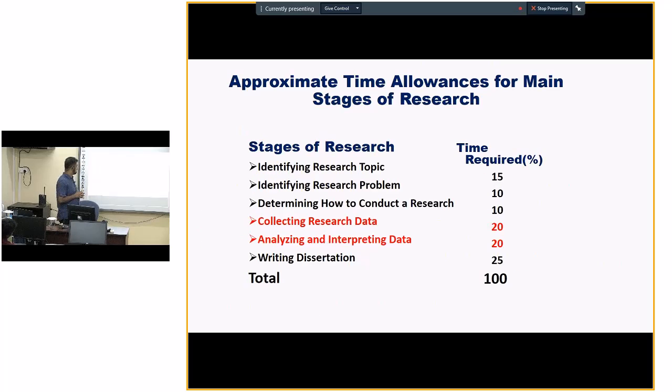Then this is the approximate time allocation for research. Now you already completed the main things: identify the research topic, identify the research problem, determine how to conduct research, right? Then collecting research data, analyzing and interpreting data, right?